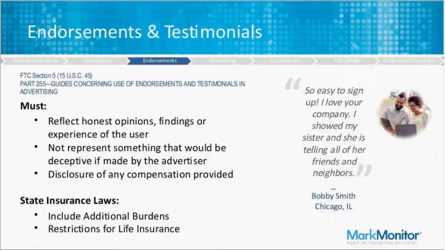So if the parent brand were making the same claim that a customer was making in a testimonial, and it would be deceptive, then you can't use that. And then the other big one, especially when you're talking about reviewers on blogs and affiliates, they need to disclose if any compensation has been provided.